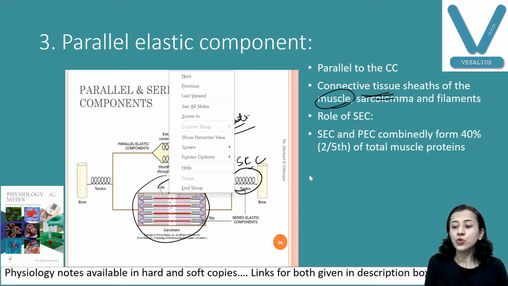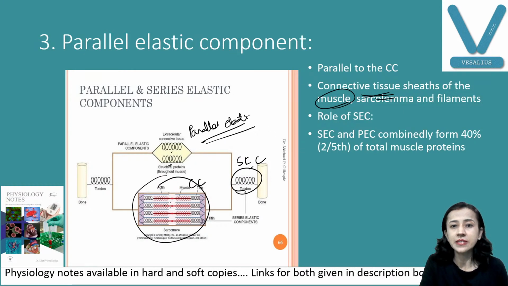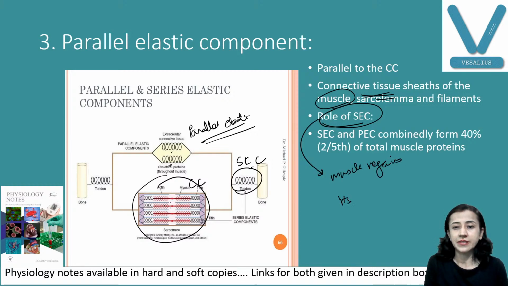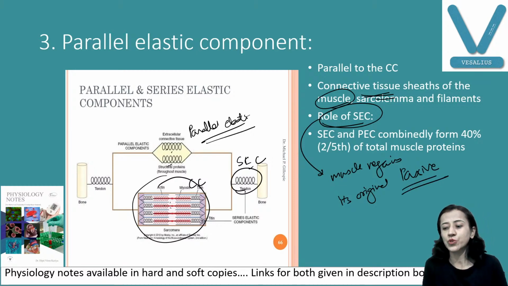Now, what is the role of the parallel elastic component? Because of these components, the muscle regains its original length when it is stretched passively. On passive stretching, the muscle regains its original length.